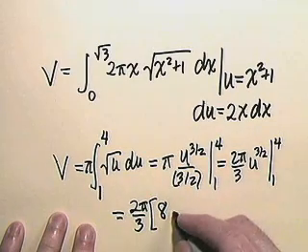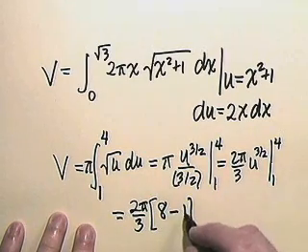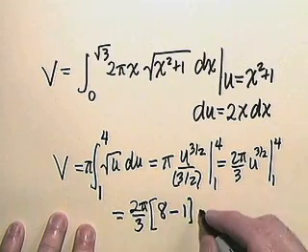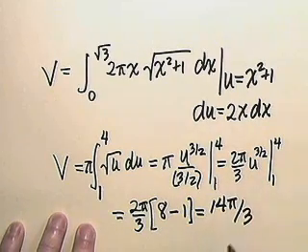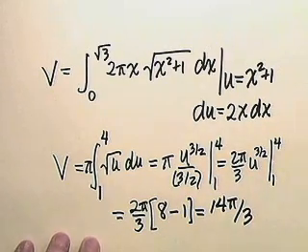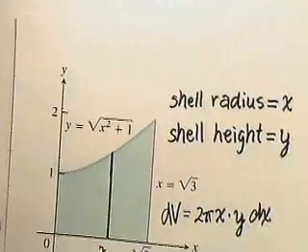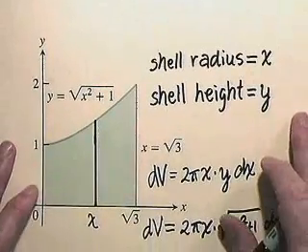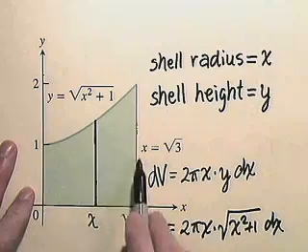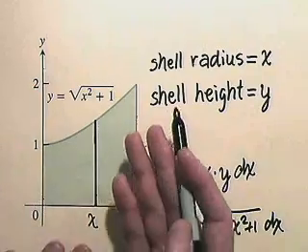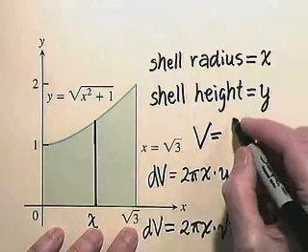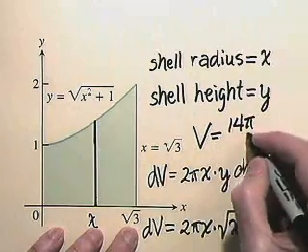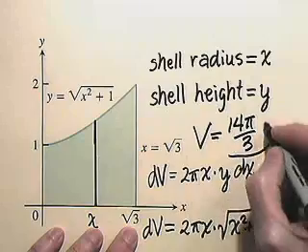Putting in 1 just gives us 1, so we have 8 minus 1, which is 7, and 7 times 2 is 14, so we have 14 pi over 3 as the volume for the solid of revolution obtained by revolving this region about the y-axis. So the final result is v equals 14 pi divided by 3.